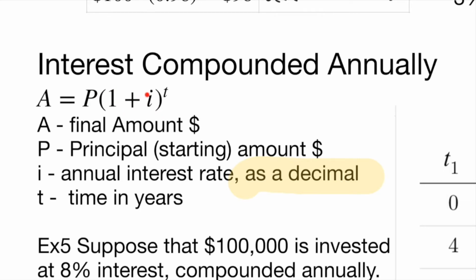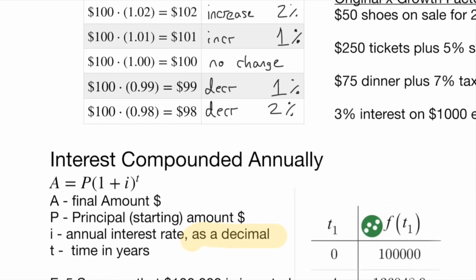Remember, it's 1 plus some percent. And the really tricky thing is that it's usually given in word problems as, say, 3%. You have to convert that to a decimal and change it to 1 plus the decimal, here 1 plus I. And then however many years you're going to be multiplying it by, you just put it up there as t, time in years.